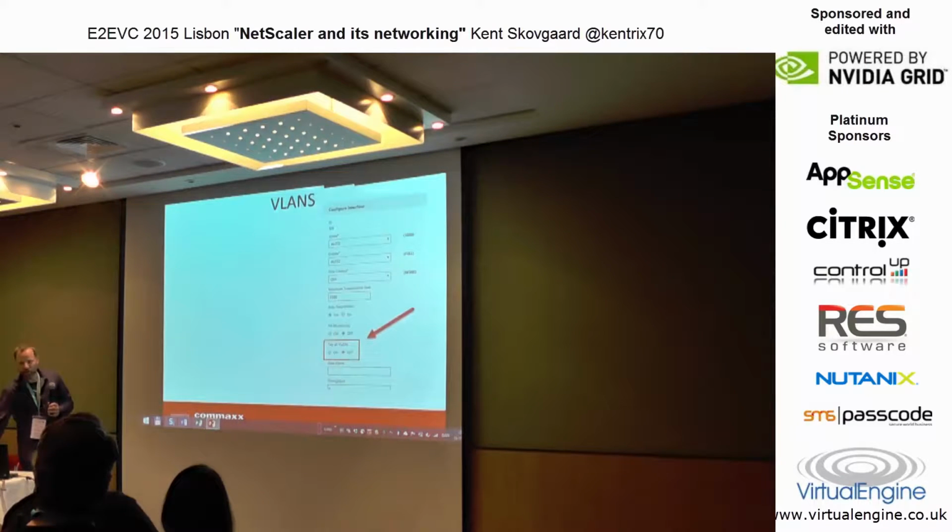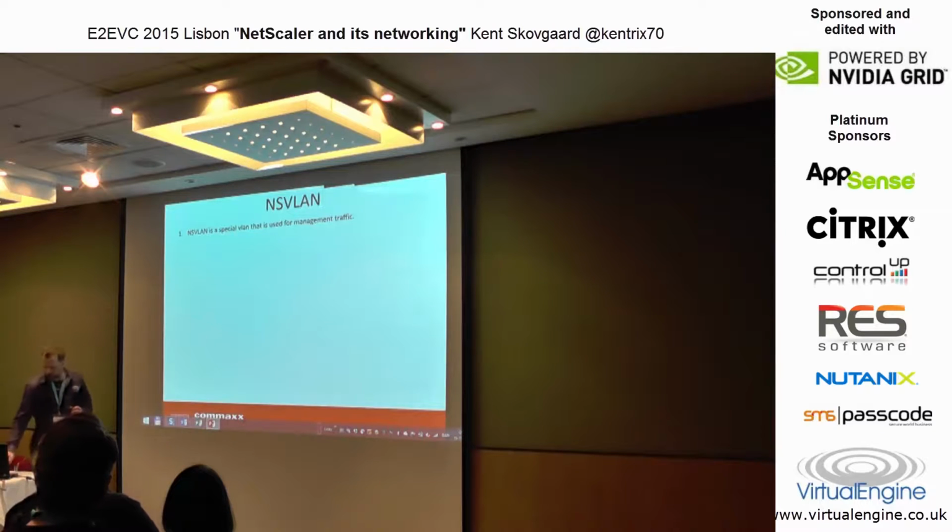VLAN tagging, we'll skip that. We'll take that another time. NSVLAN. Does anybody here know what an NSVLAN is? Okay, I can quickly mention it. NSVLAN is a VLAN specifically made when you create the NetScaler. It's used for the management, and you can change it.